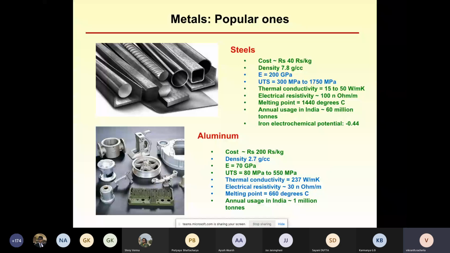When you say that I have a stiff material, a stiff component, what are you referring to? What is the opposite of stiff? Compliant. So stiffness, compliance: stiff, compliant.